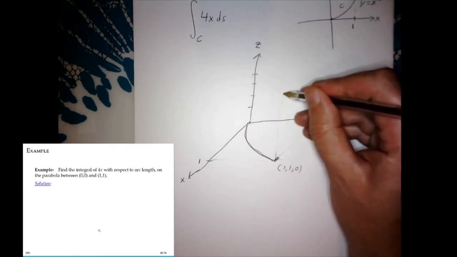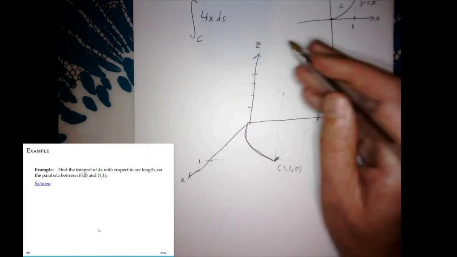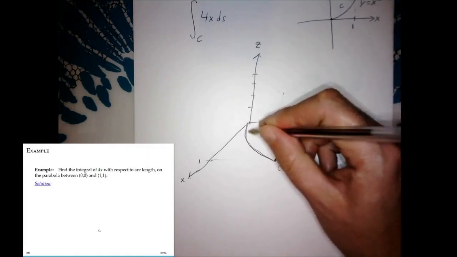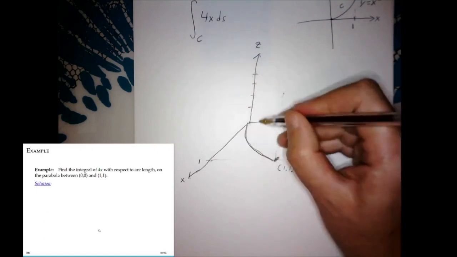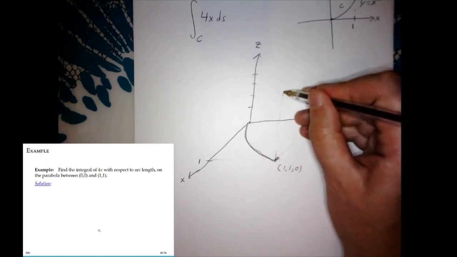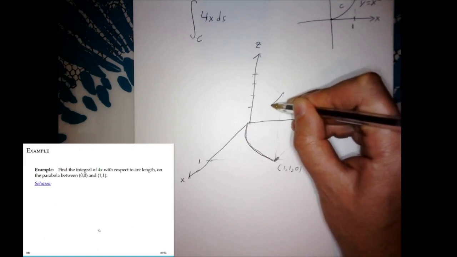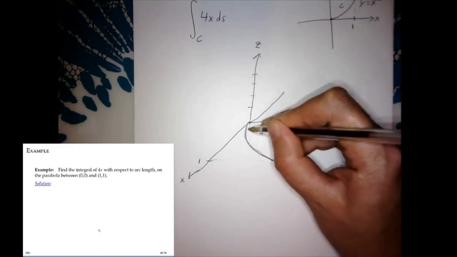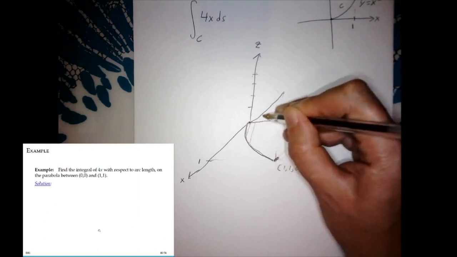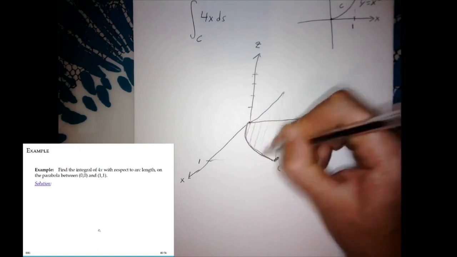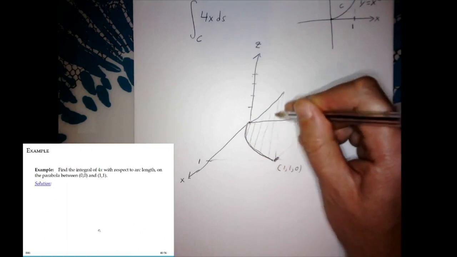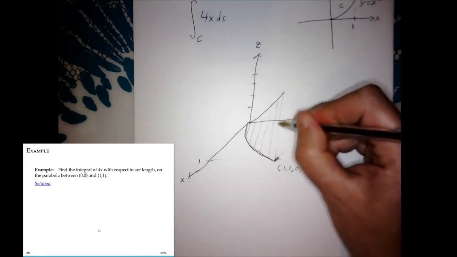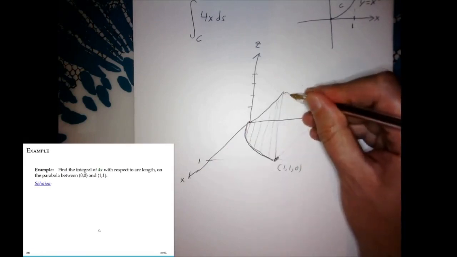And the surface that we're getting the surface area of when we do this integral is this curved surface with height above the curve y equals x squared given by 4x. And so it might look like this. So this is a curved surface going straight up above the curve y equals x squared, and its height at each point is 4x. So at the end here it's 4 because here x equals 1.